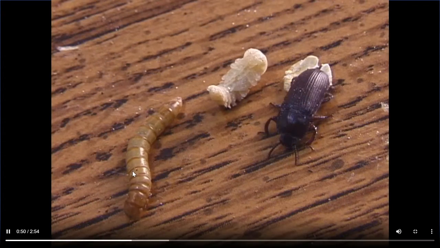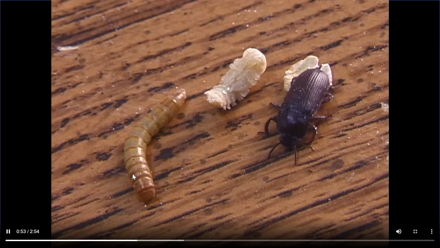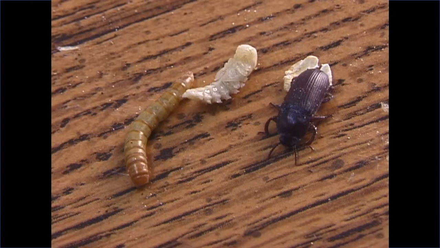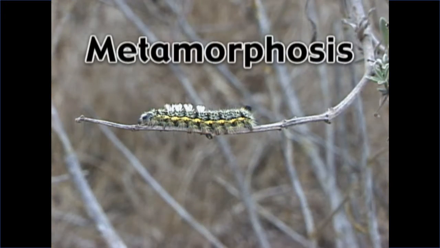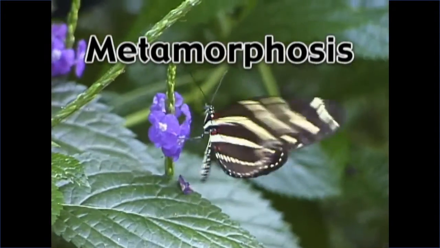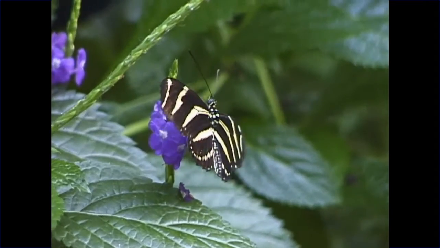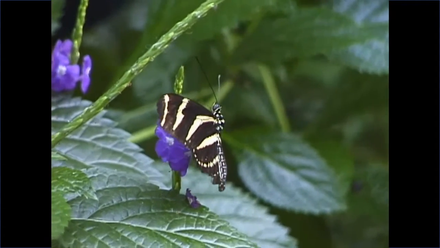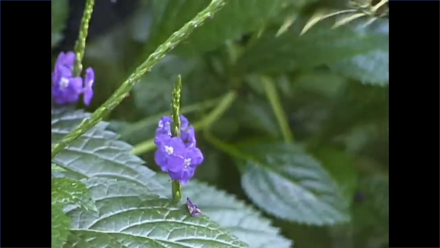Insects and many other animals go through a series of distinct changes called metamorphosis. Metamorphosis is the process of an animal changing form. We generally refer to these different forms as stages.